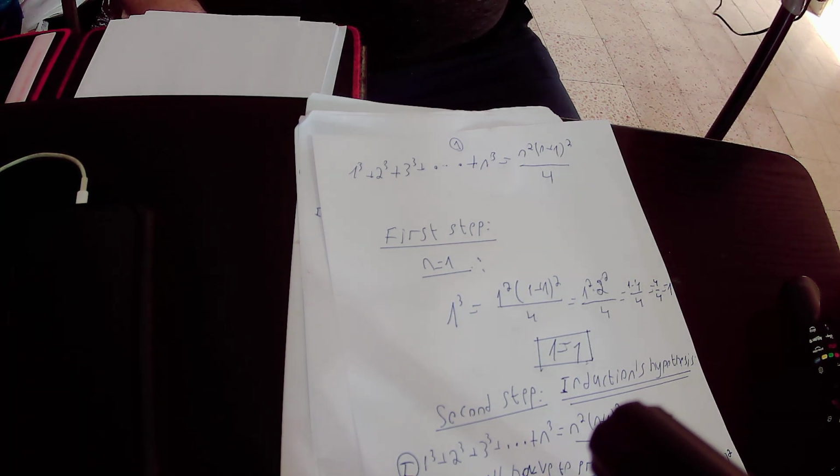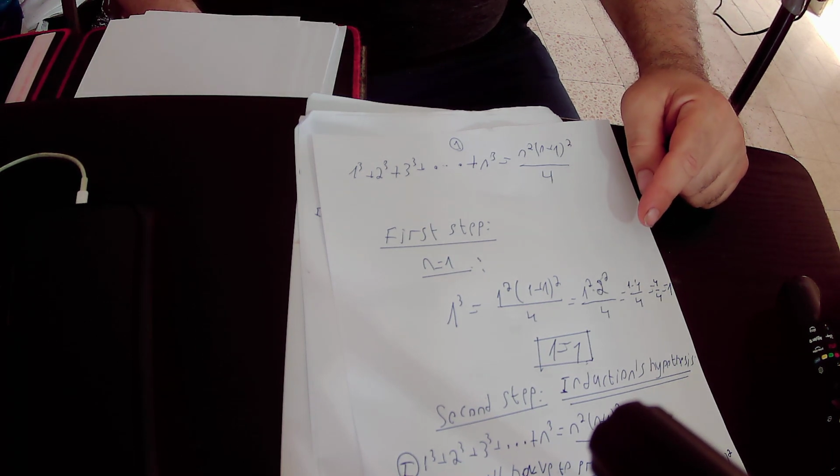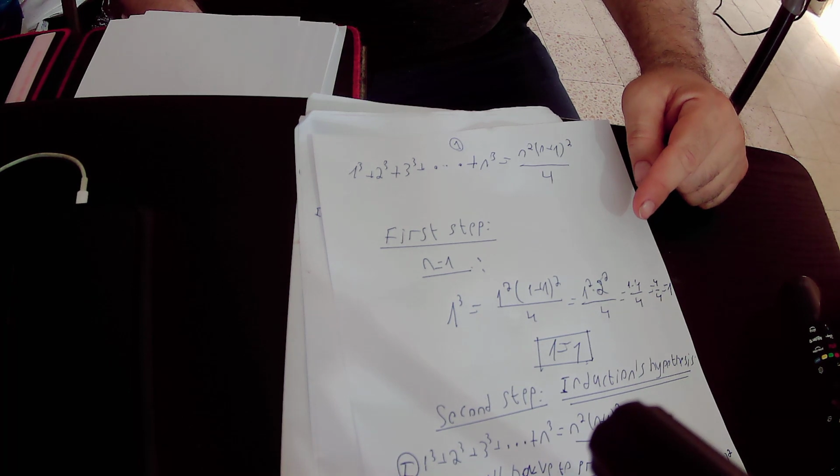So we proved by checking that it is true for 1, then it must be true for 2. And when it is true for 2, it must be true for n plus 1, or for 2 plus 1. It must be true for 3, and when it is true for 3, it must be true for 3 plus 1, for 4, and when it is true for 4, it must be true for 4 plus 1.